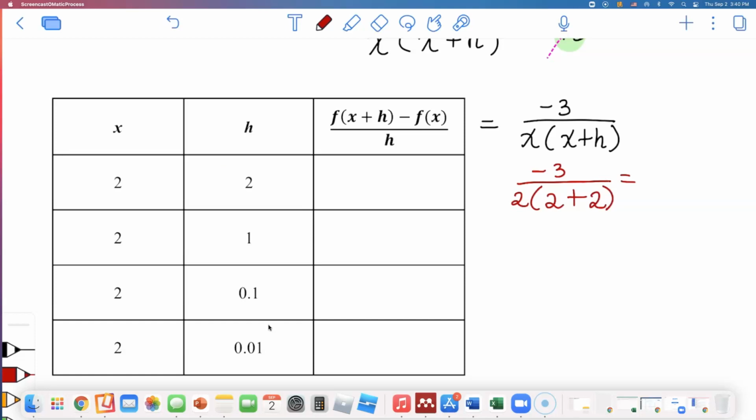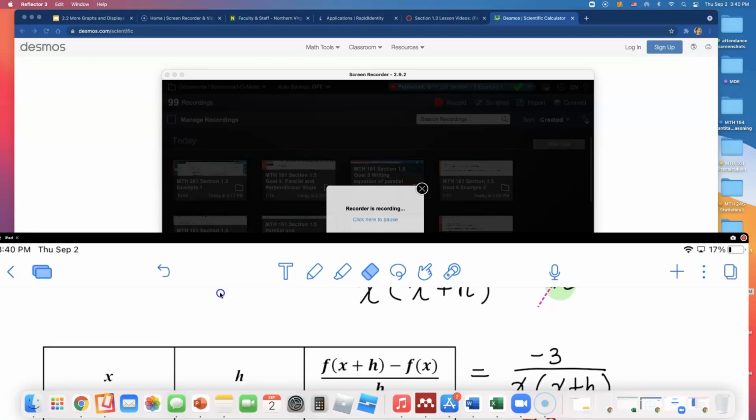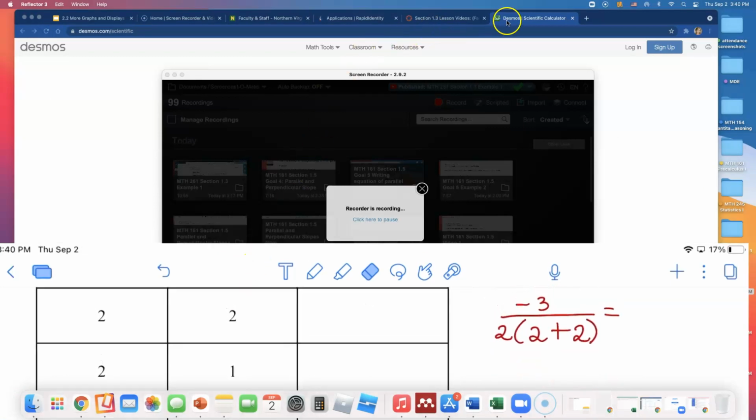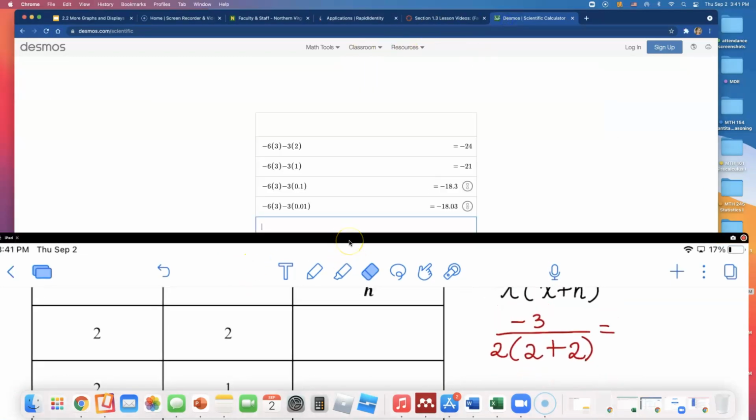So that's going to be negative 3 divided by, what's that? I think it's easier to get a decimal because I can see what the numbers are approaching if it's a decimal, okay? Not just some excuse for me to use a calculator. Okay, I was. All right, let me just use a calculator. But you know what I mean, though.